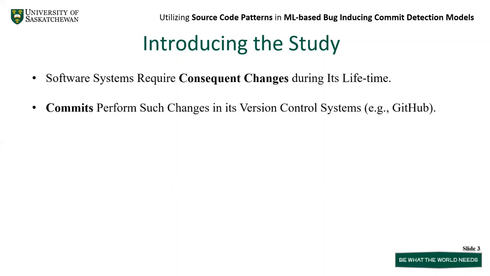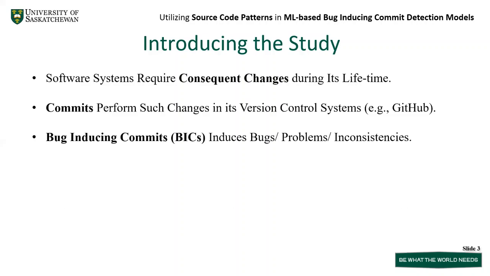So what actually happens? A software system experiences a lot of changes in its lifetime, and those changes are performed by commit operations in its version control system such as GitHub.